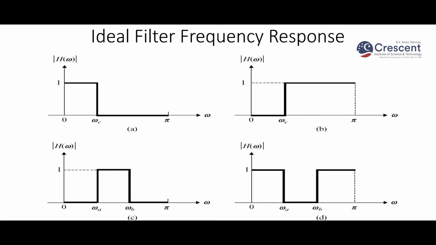Based on the frequency response, filters can be classified as low pass filter, high pass filter, band pass filter and band stop filter, which is shown in this slide. A low pass filter allows only the lower frequency components, whereas it rejects all higher frequency components above the cutoff frequency omega c.